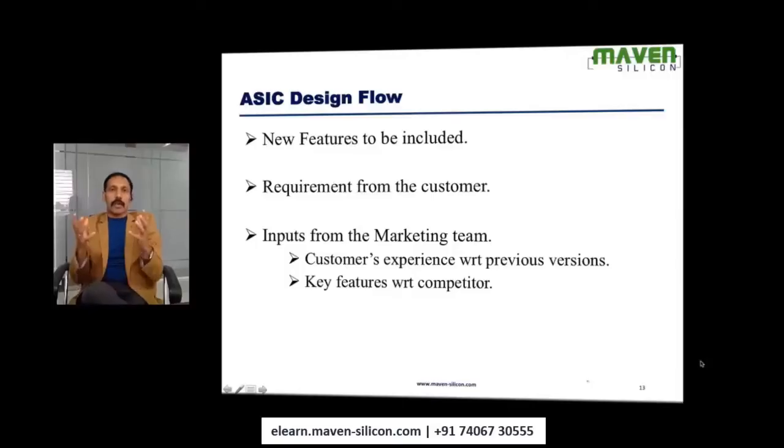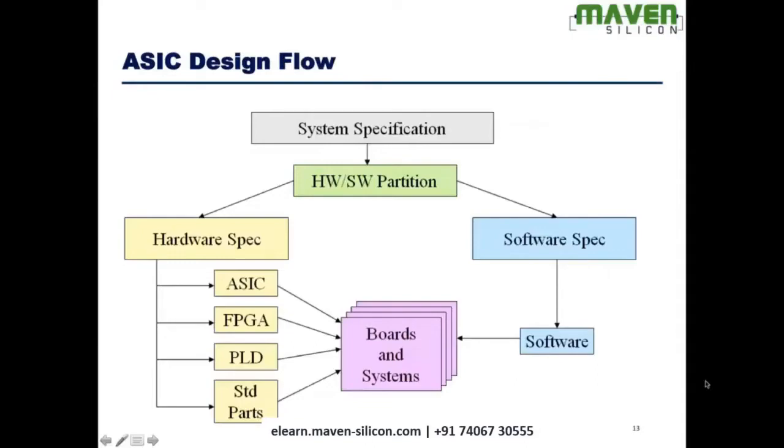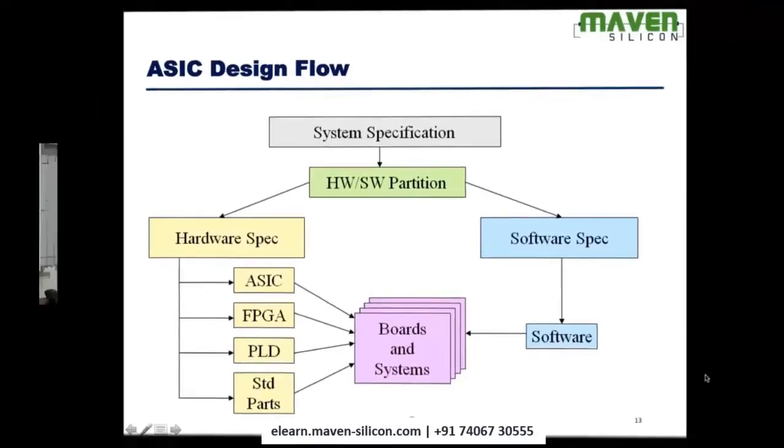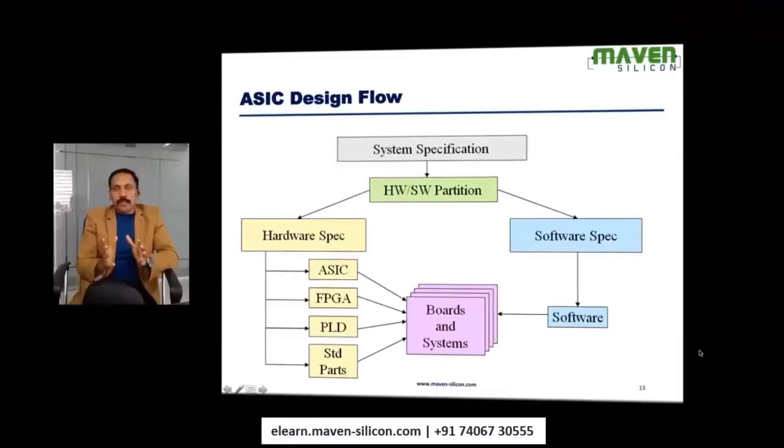So this is how the architects collect all the details from the marketing team, and then they look at the feasibility, like how many new features we can include, and how the new product is going to be, they visualize. Now let's look at how these architects define the specification. You take any electronic system, it's composed of both hardware and software. For example, iPhone. iPhone has both hardware and software.